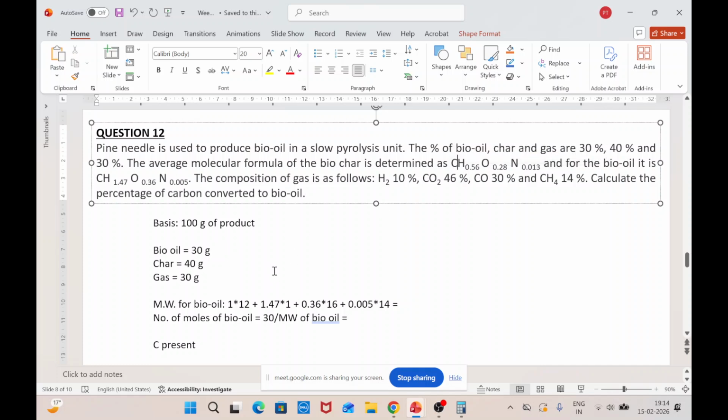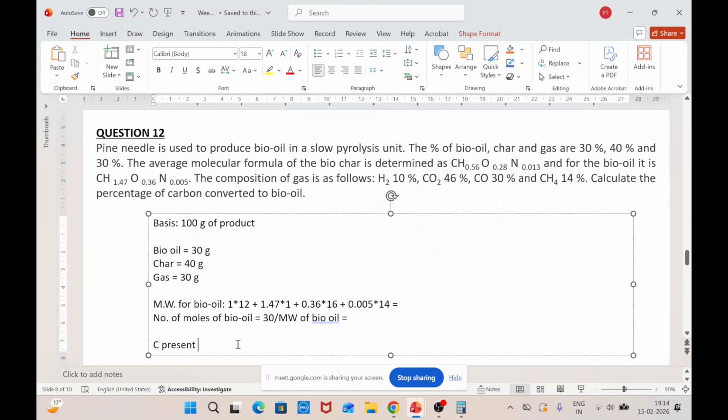So the number of moles of bio oil and the carbon present in the bio oil will be the same. So this will be equal to the number of moles of bio oil.